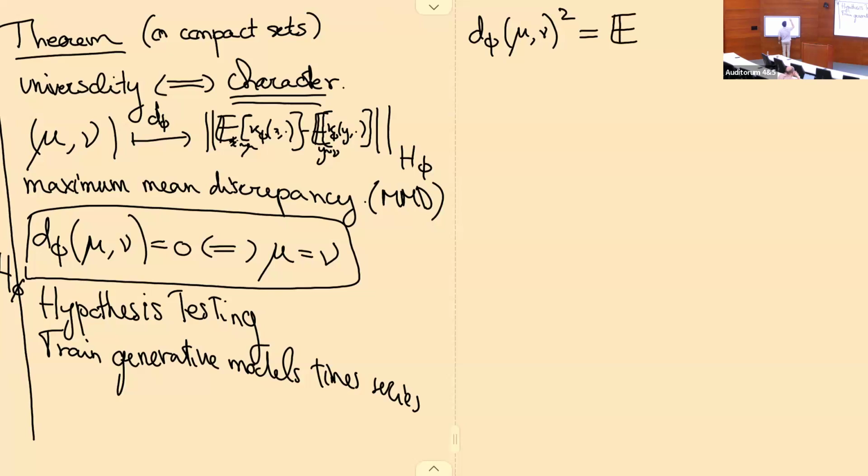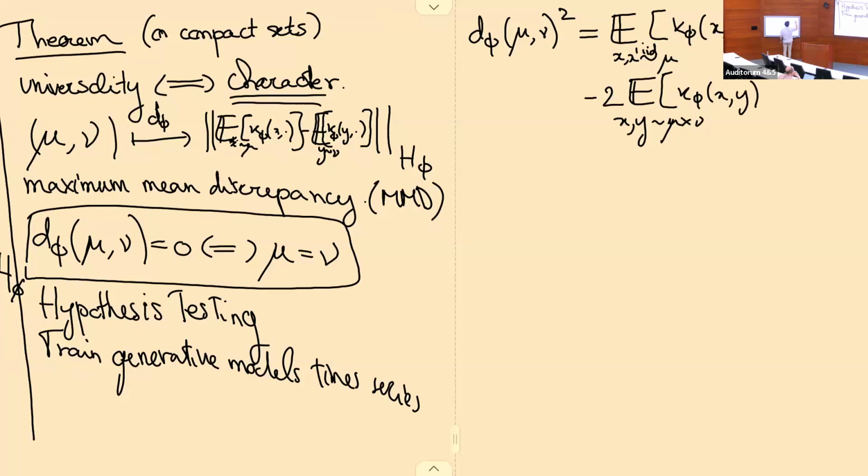You get the expectation over x prime sampled IID from mu of k phi x, x prime. Then you get minus twice the expectation of x, y sampled from the product measure mu times nu of k phi x, y.